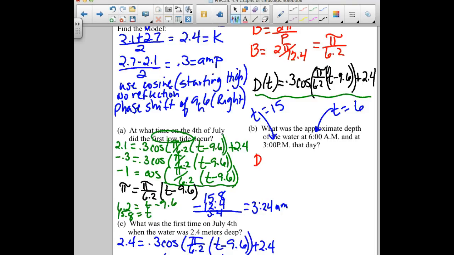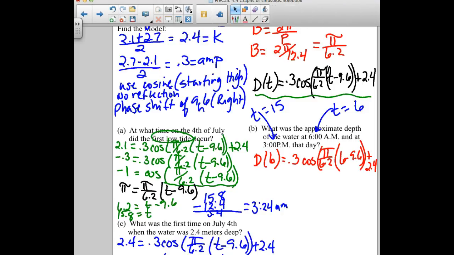We said the depth at 6 a.m. is 0.3 times the cosine of pi over 6.2 times our t-value, 6 minus 9.6, plus the vertical shift of 2.4. What mode do you need to be in to type this in your calculator?